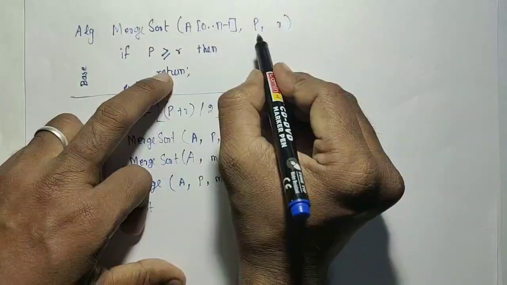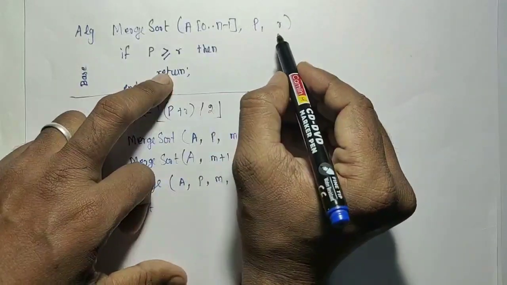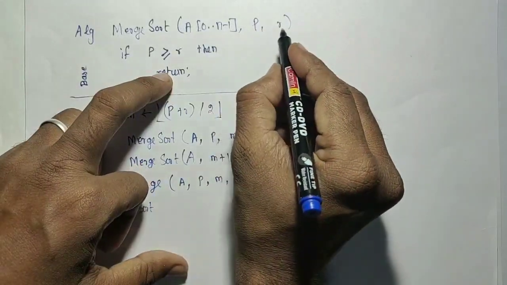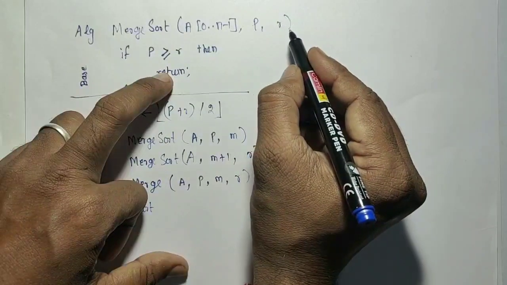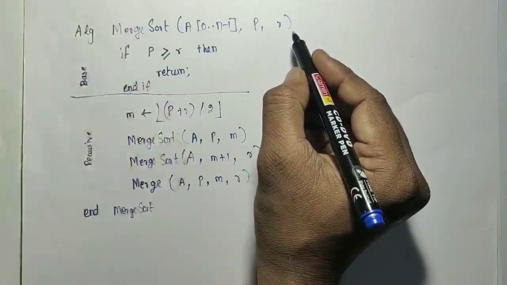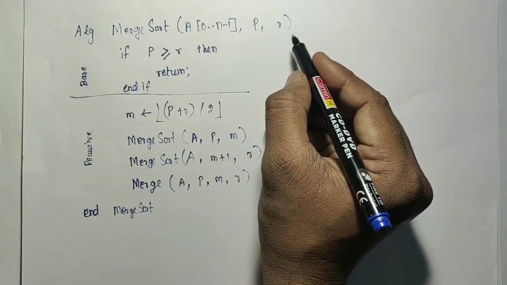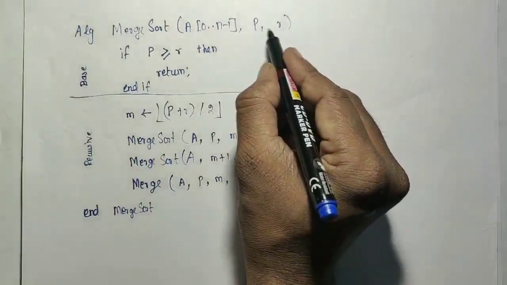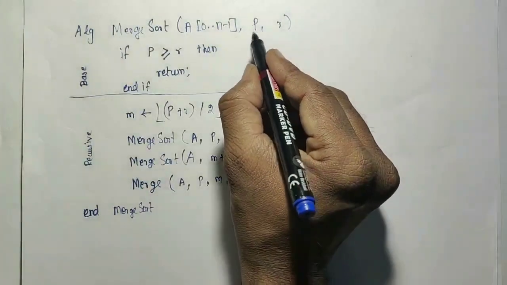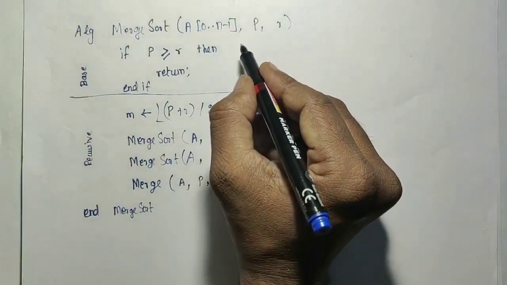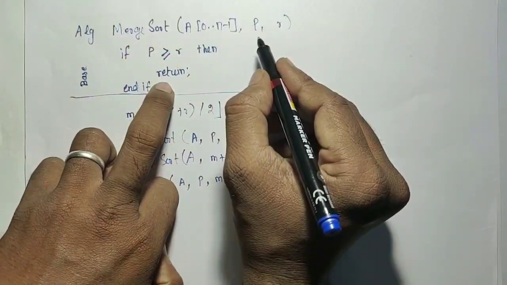Or an invalid index, which we can ignore. Invalid index means p is greater than r. In that case, we are not going to analyze the complexity. A valid index is where p may be equal to r, or p is less than r. P equal to r means it is going to return something.